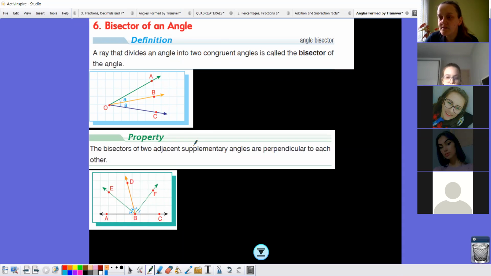And adjacent angles, what we said, komshi, komshia, komshu. Yes. As you see here, ABD and DBC are adjacent angles, and their bisectors form another 90 degrees angle.